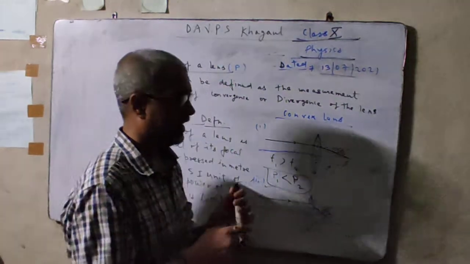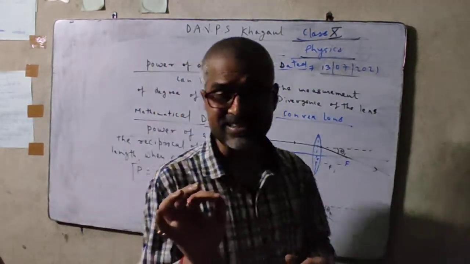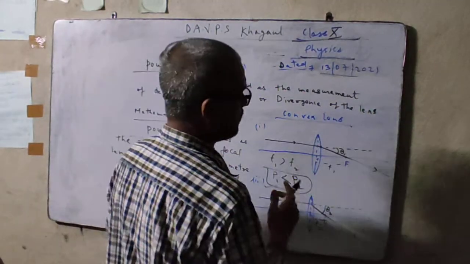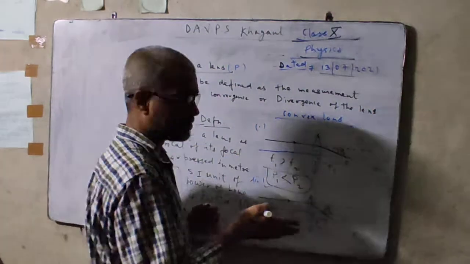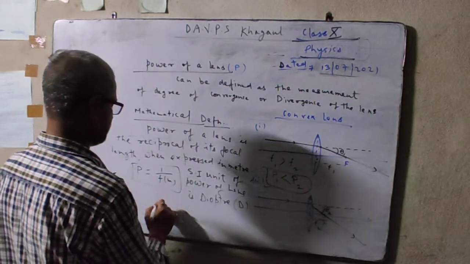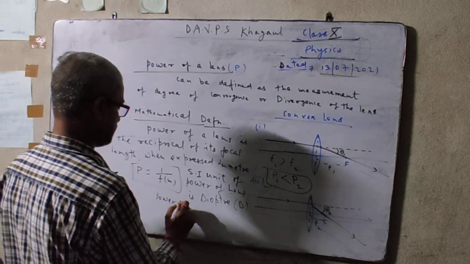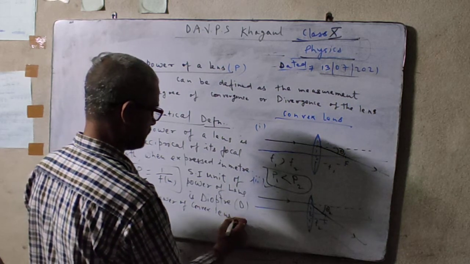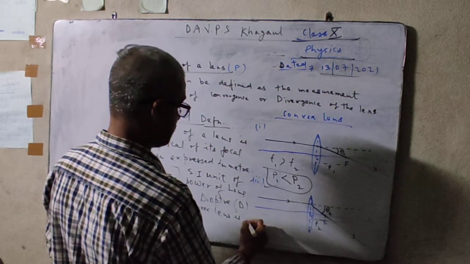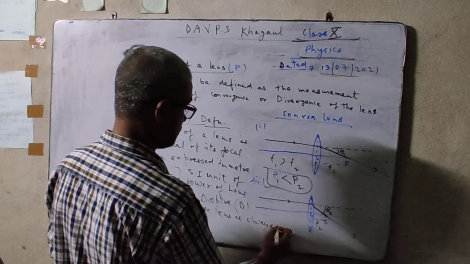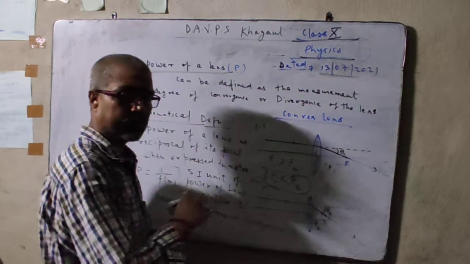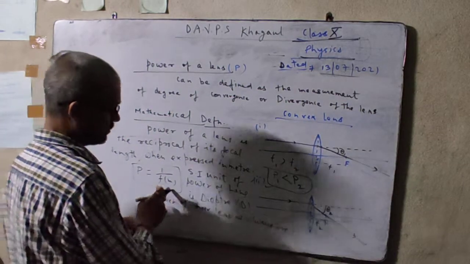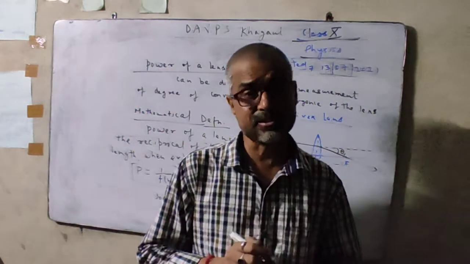Convex lens has a positive sign convention for power. So power of convex lens is always positive because focal length is also positive. And why is it positive? Because focal length of convex lens is positive.